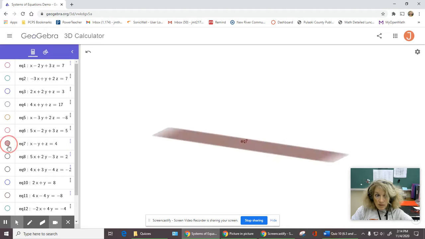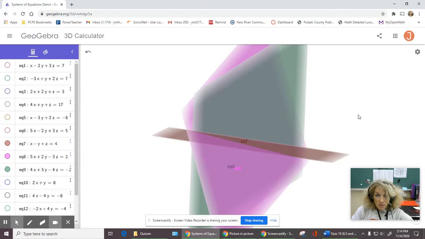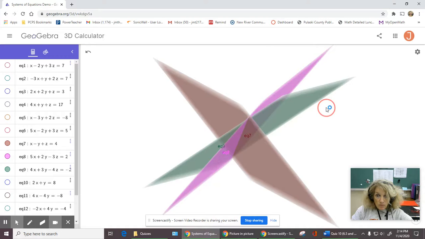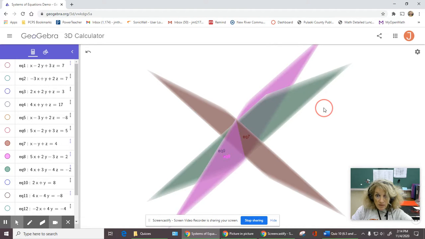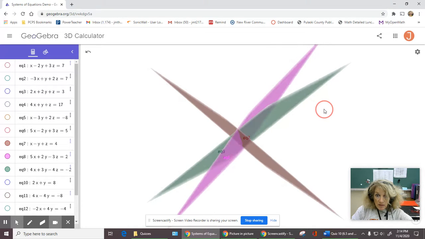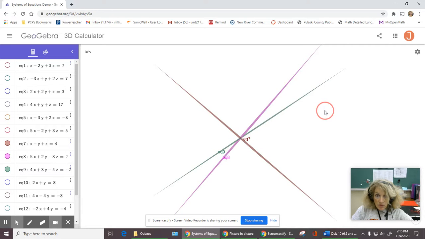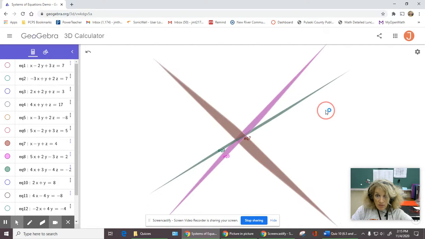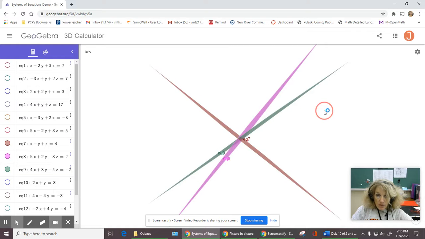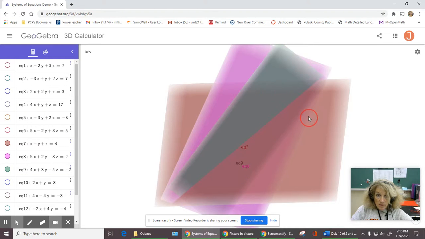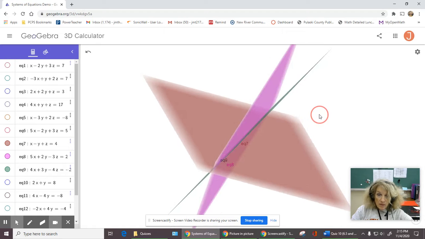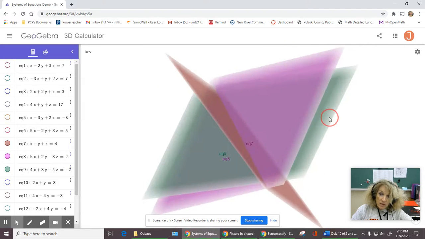All right, and then the last case would be represented by these 3 planes. And if I rotate it correctly, you can kind of see there that they intersect in one line. They all 3 share that one line. All right, so anywhere along that line, you're going to have a point that all 3 planes have in common.